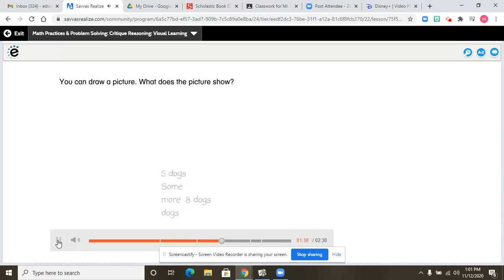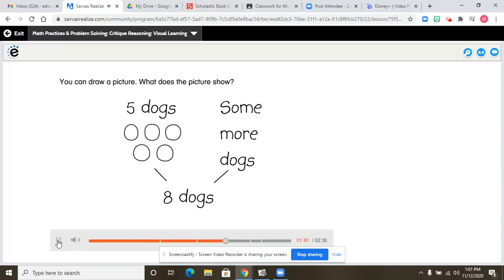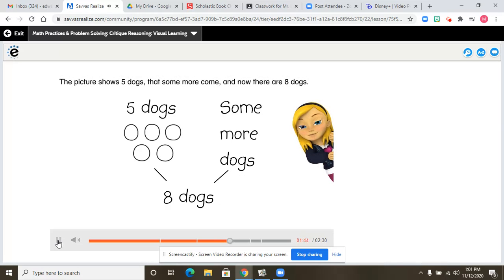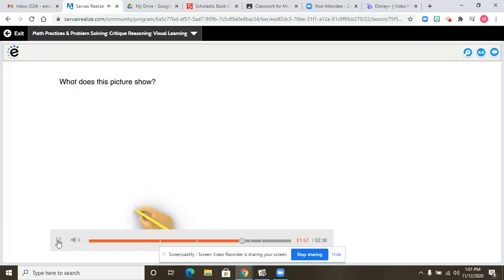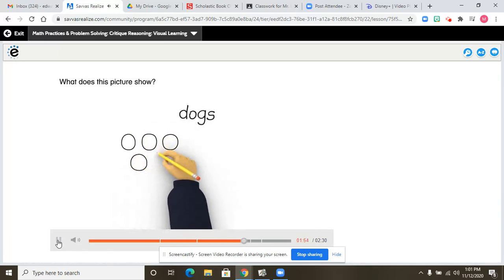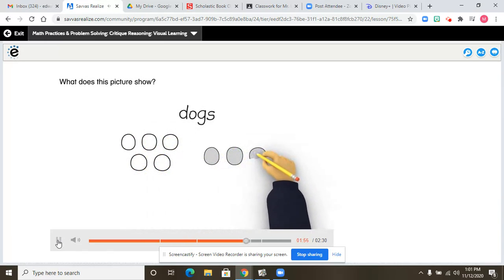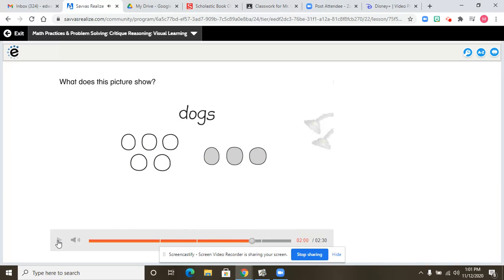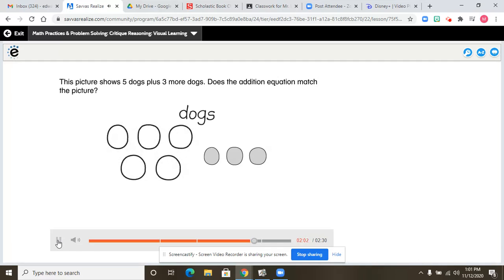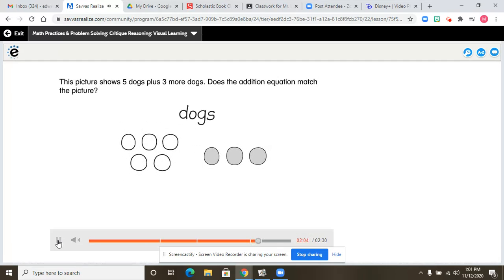You can draw a picture. What does the picture show? The picture shows 5 dogs, that some more come, and now there are 8 dogs. What does this picture show? This picture shows 5 dogs plus 3 more dogs.